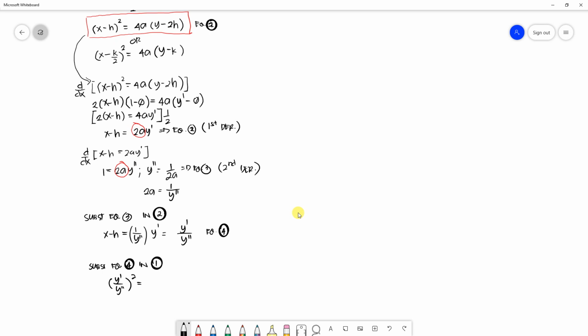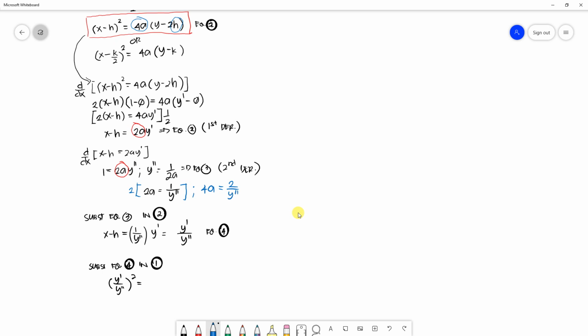Isip ngayon tayo sa mga equations na given. Ano pwede kong ipalit kay 4a at saka kay h para matanggal na natin yan? Pwede natin sigurong kunin yung 4a dito sa equation 3 din. Sa equation 3, if I'm going to multiply everything by 2 para maging 4a siya, we have 4a is equal to 2 over y double prime.